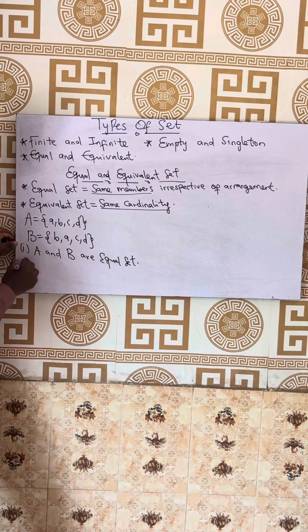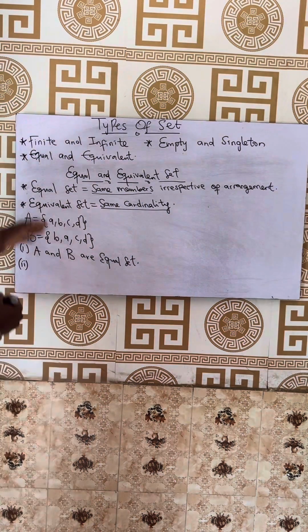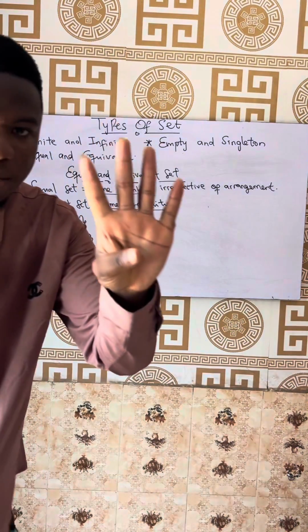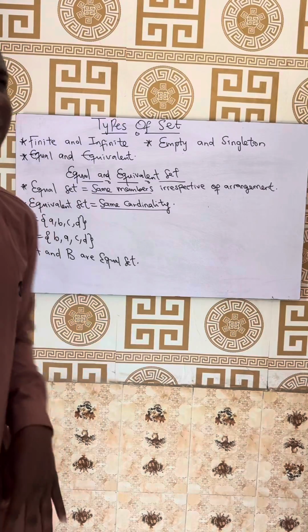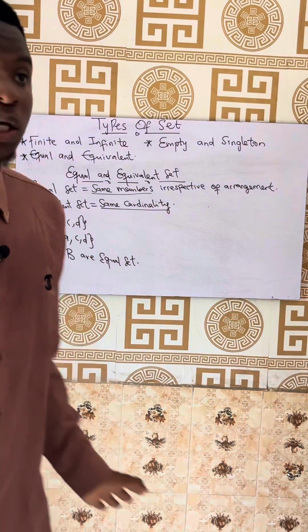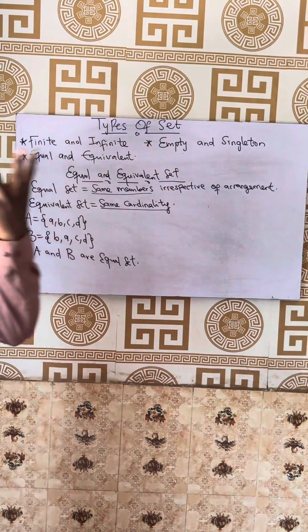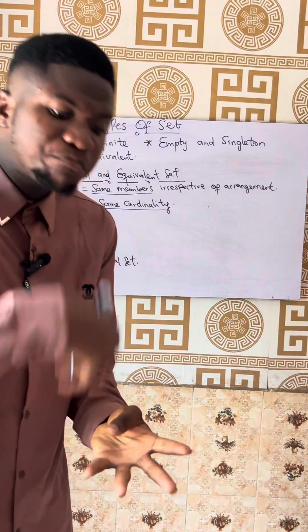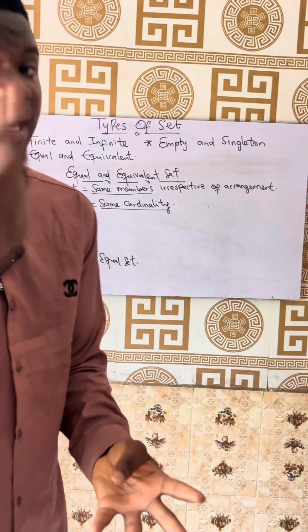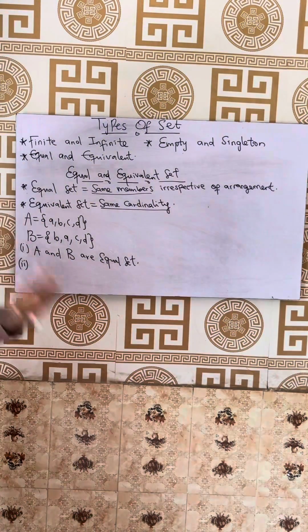And also, if you check this again, you will say that in set A, we have 4 members. In set B, we also have 4 members. So this simply means that set A and set B have the same number of elements present in a particular set. That is what we mean by the cardinality. The cardinality of set A is 4, and the cardinality of set B is also 4.